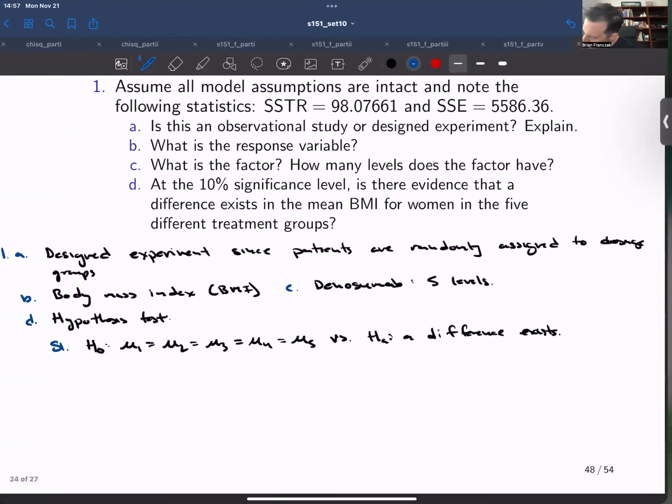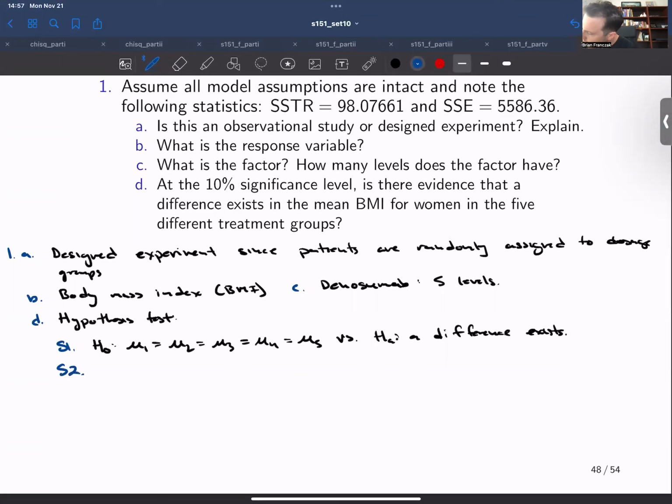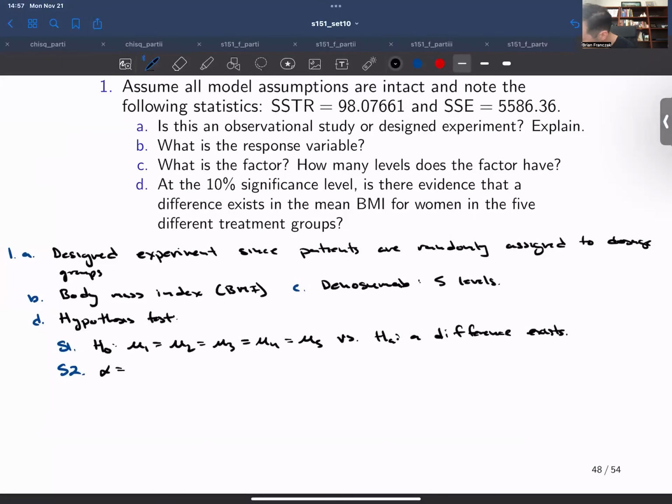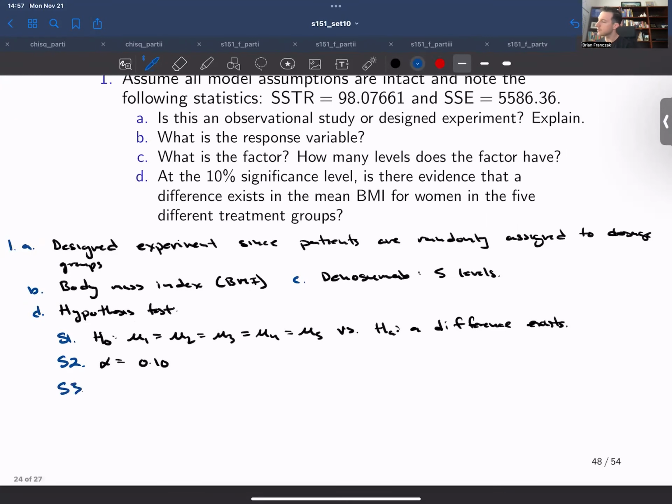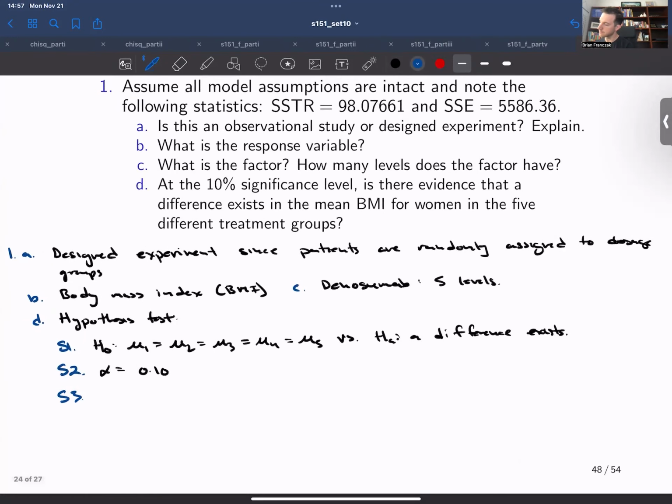Okay, on step 2, we state our significance level. In this particular case, we are using the 10% level. All right, now on step 3, we are going to compute our test statistic. All right, so to compute the F test statistic, the easiest thing to do is use an ANOVA table.